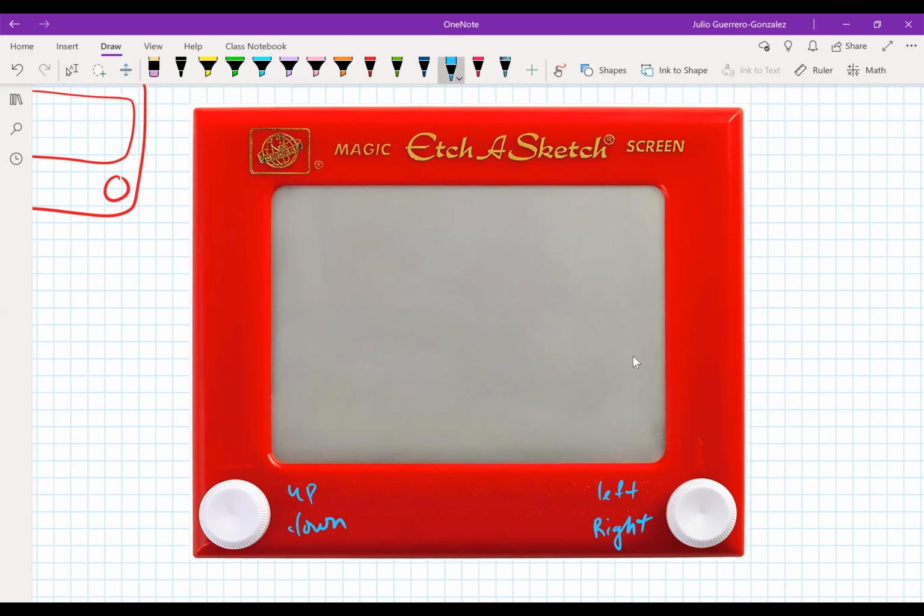If you spun this one in a certain direction, your little cursor went either up or down, and if you spun this one over here, it went left and right. And here's the definition behind sine and cosine.